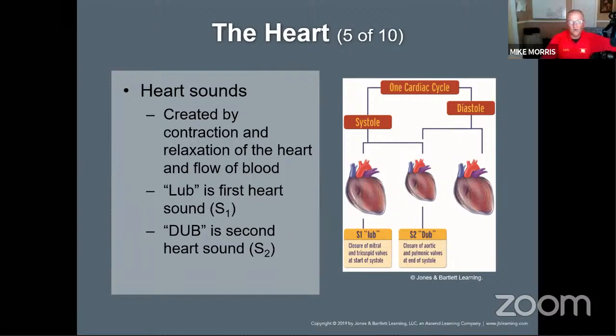So how important are heart sounds? I'll be honest with you, I never listened to them. I may be missing out on a really good assessment tool though. I don't know, I just never got into it. I think probably in a hospital setting where you can control the noise, it's really important.